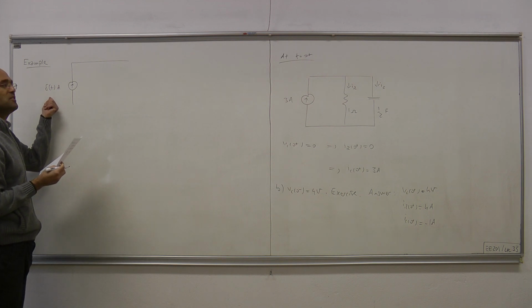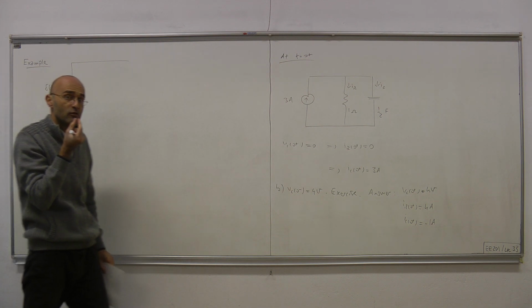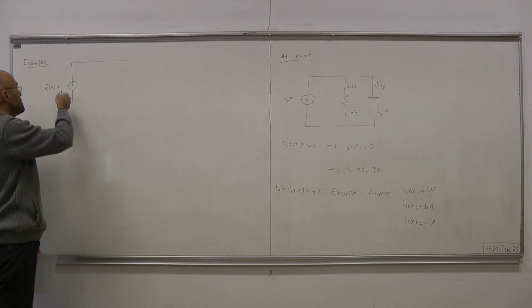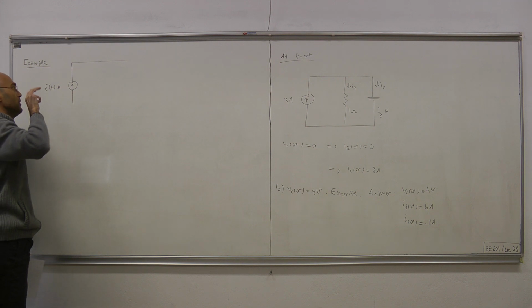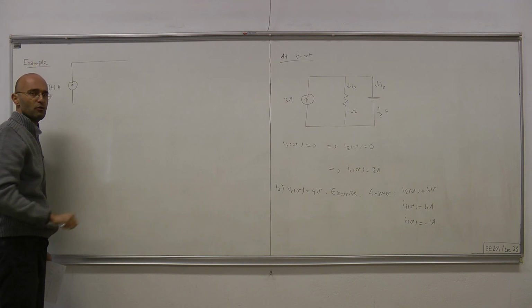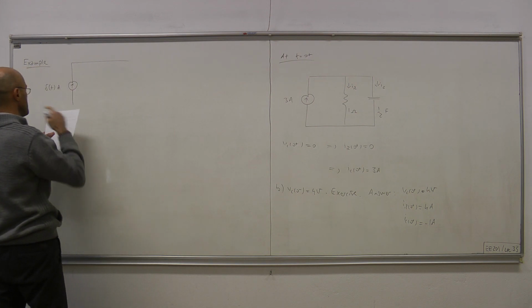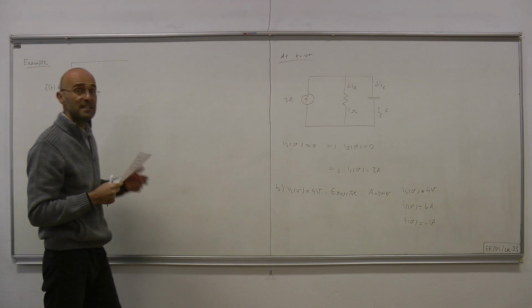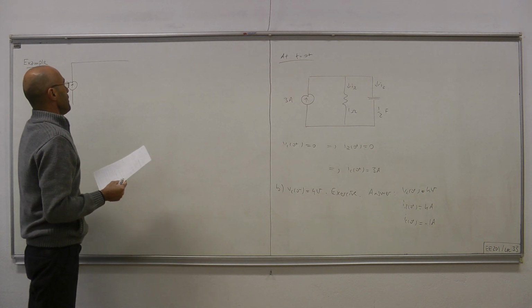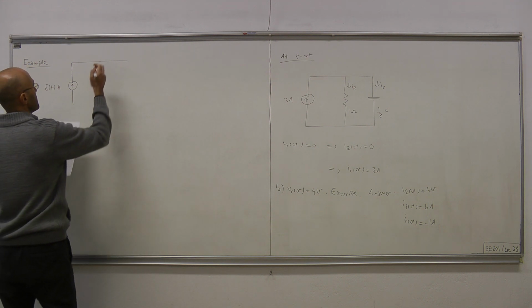So what this does is, in an infinitesimal time interval from 0 minus to 0 plus, this current source pushes one coulomb of charge to the rest of the circuit. Okay, and then that charge will have to go somewhere, and once it gets to those places, the currents and voltages clearly will change.